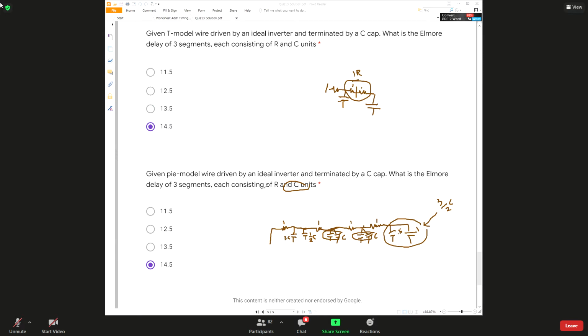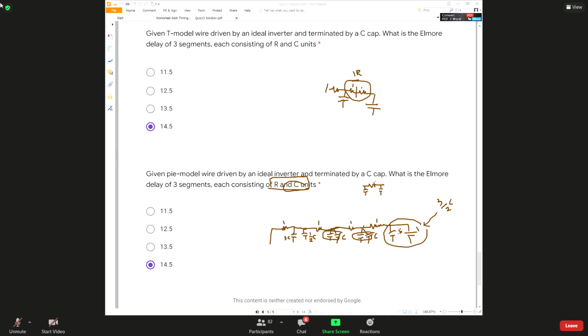Okay. It says each consists of 1 R and 1 C. A pi model, by definition, looks like a pi. There's a resistor in the middle, and there are 2 caps, 1 on each arm, or 1 on each shoulder.